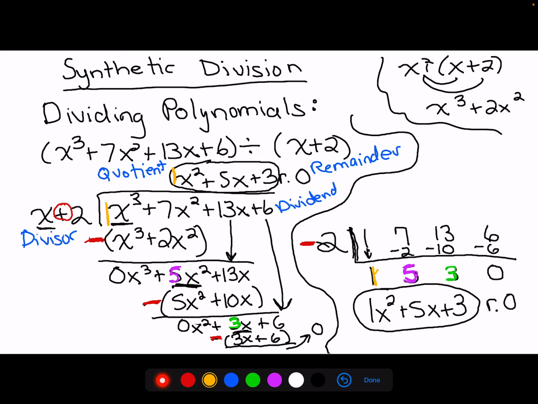So we had the 1, the 5, the 3, and then that lovely remainder 0. I don't have any other colors, darn it. I'll just use red again. That 0 there worked out in the synthetic division as well. So it's really nice. So that in a nutshell is how you do the division.